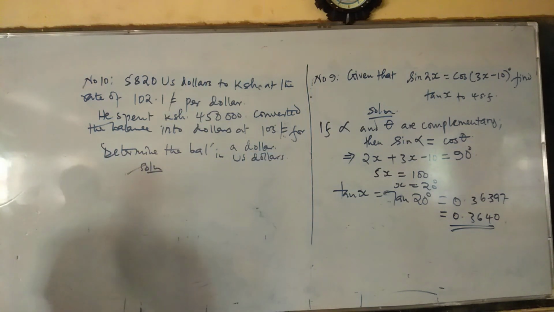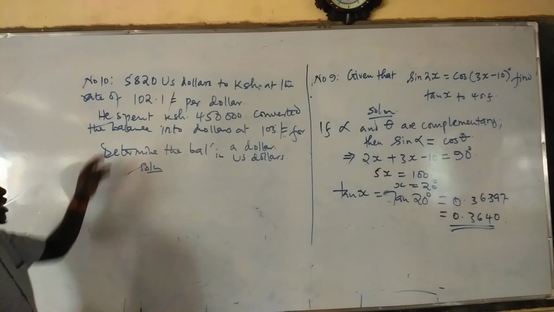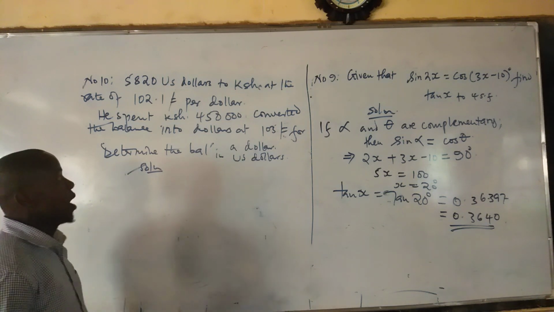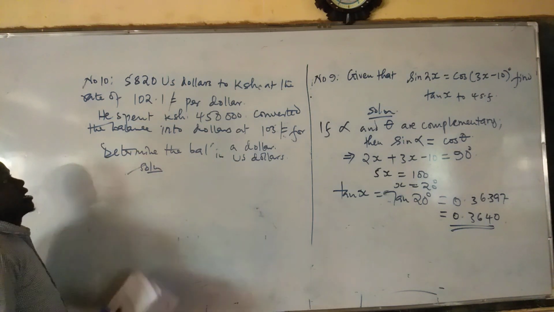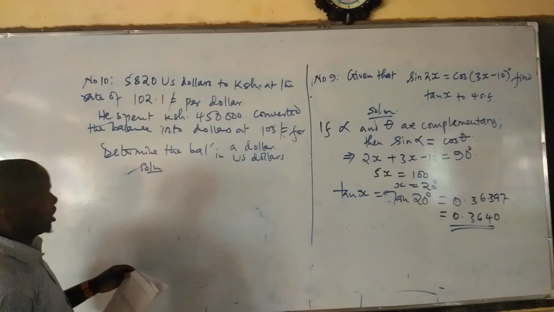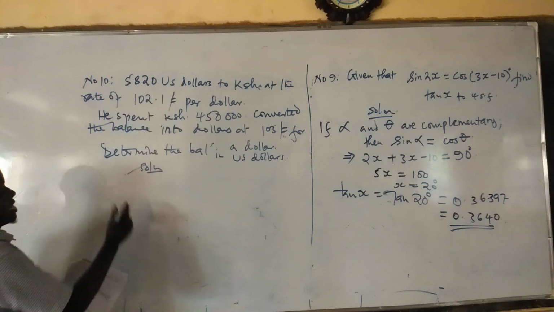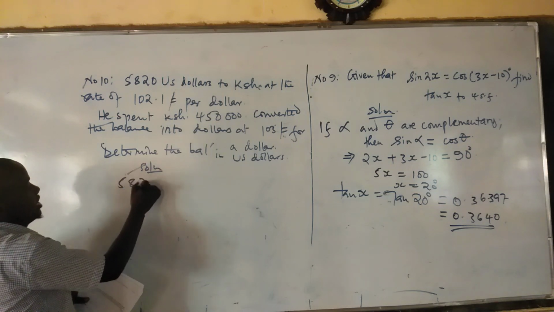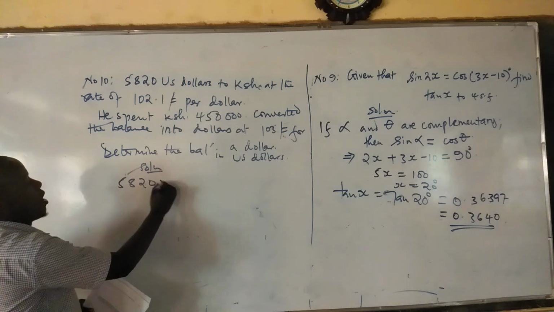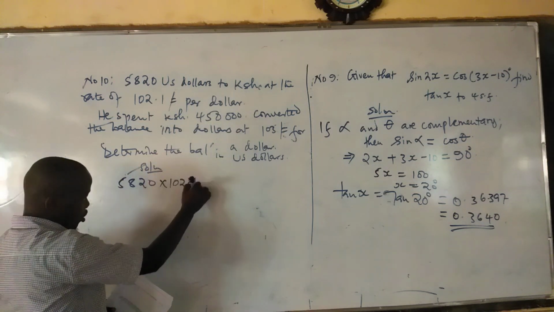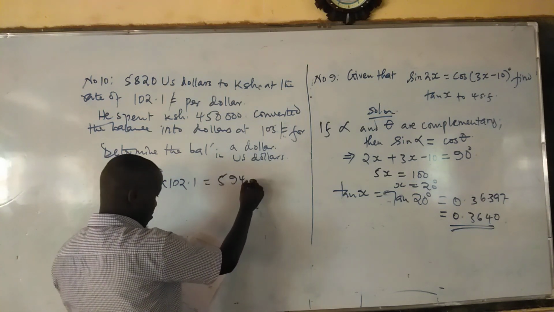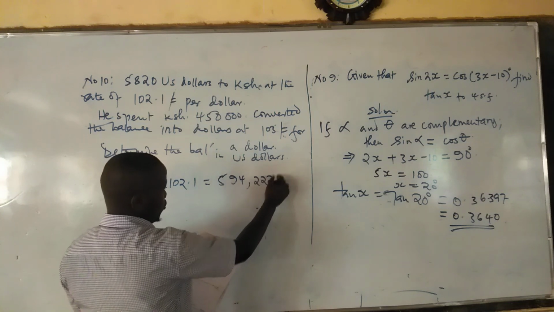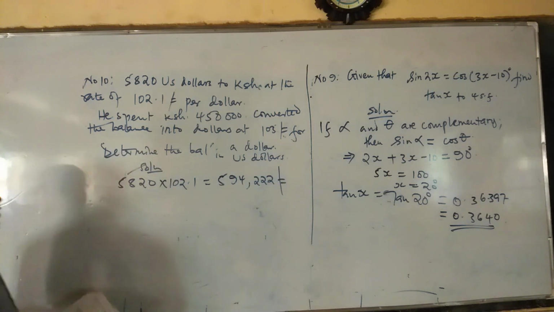Solution. Therefore, this person is converting 58,200 US dollars to Kenya shillings at the rate of 102.1 Kenya shillings for every dollar. To convert foreign currency into Kenyan shillings, we multiply the currency 58,200 by 102.1, and this person is having 5,942,220 Kenya shillings.